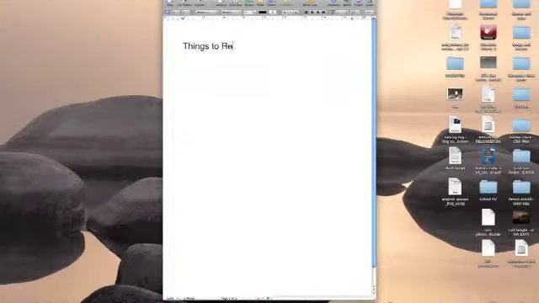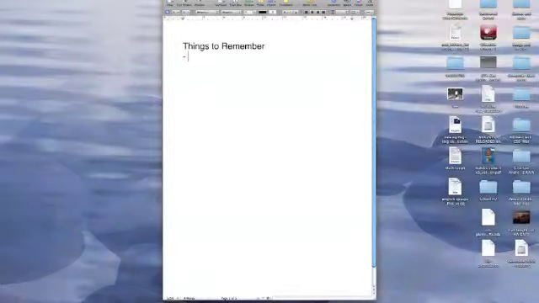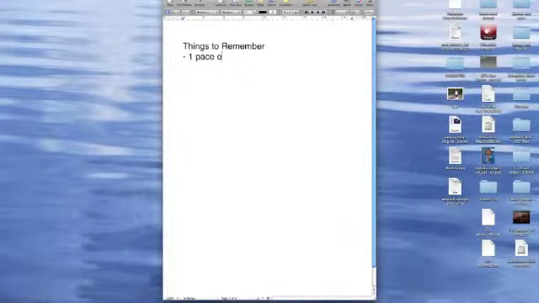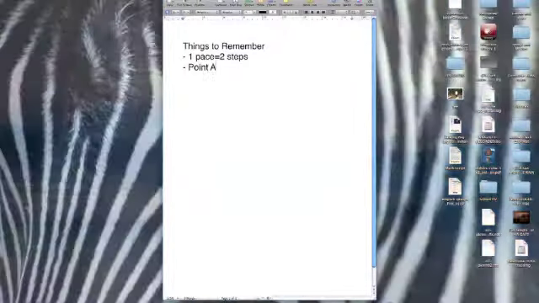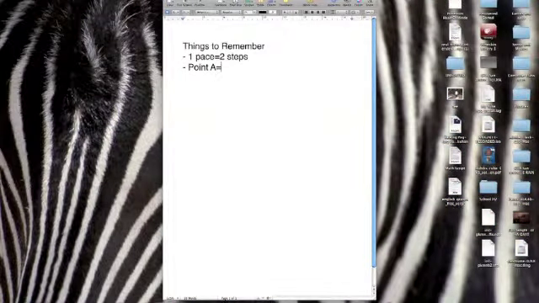But before we review our measurements, let us take into consideration some things. That one pace equals 2 steps. That point A is the base of the tall object that we are trying to measure.